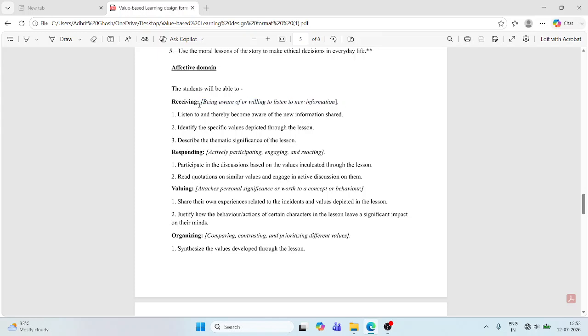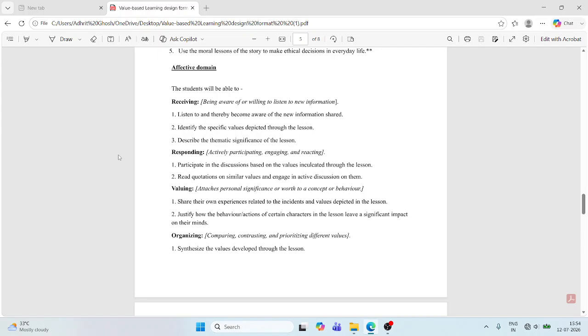In case of receiving, they will listen to, and thereby become aware of, the information shared. Then they will identify specific values depicted through the lesson. You can even mention the values that are there in the lesson, and then describe the thematic significance of the lesson. If the lesson has an overall thematic message, they will be able to describe that.